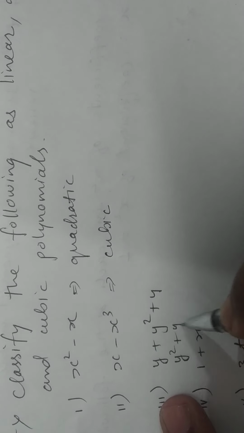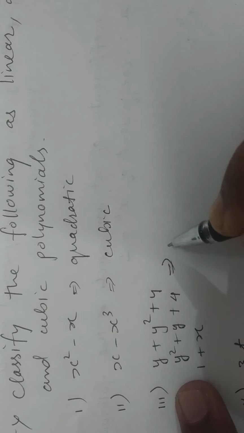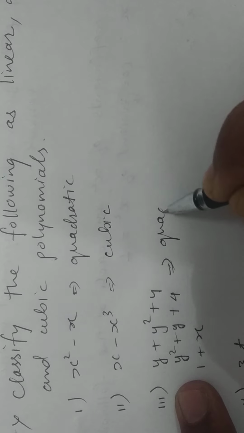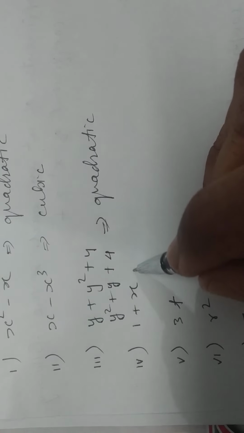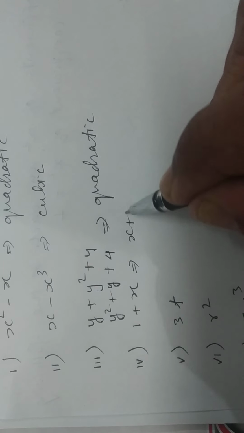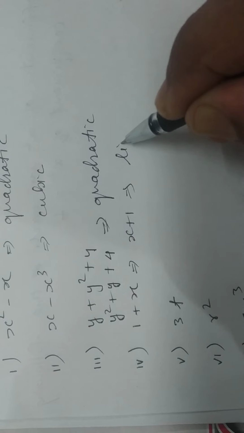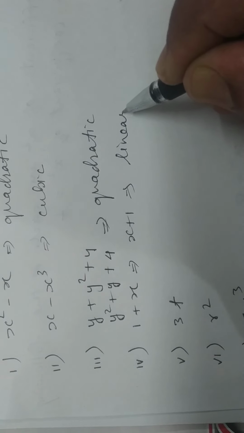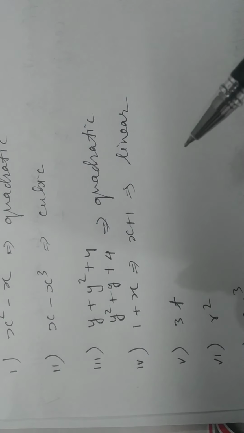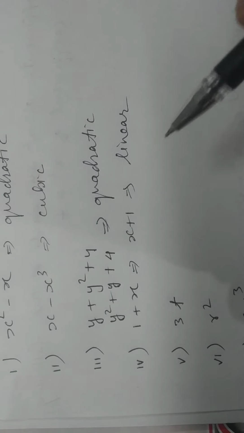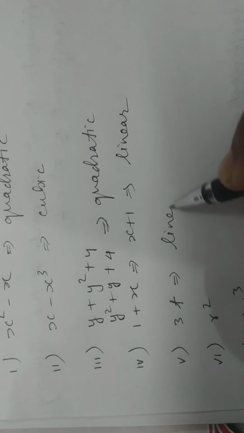Y square plus y plus 4. Degree is 2. Therefore it is quadratic. Here after arranging it is x plus 1. The power is 1. So it is linear. If the power is 1, linear. If the power is 2, quadratic. If the power is 3, cubic. Here power is 1, so it is linear.